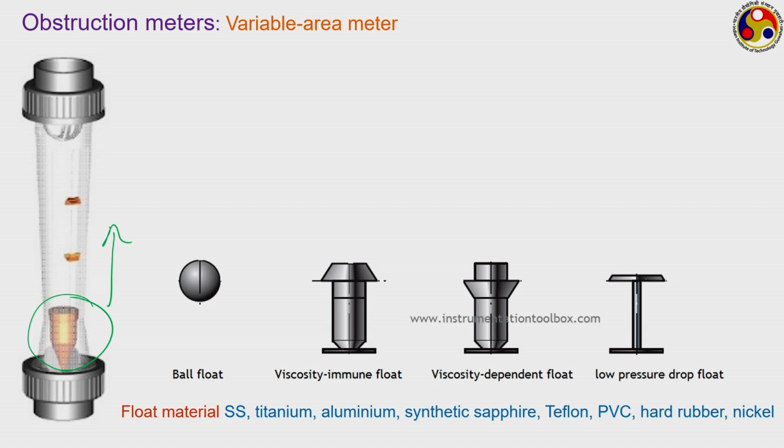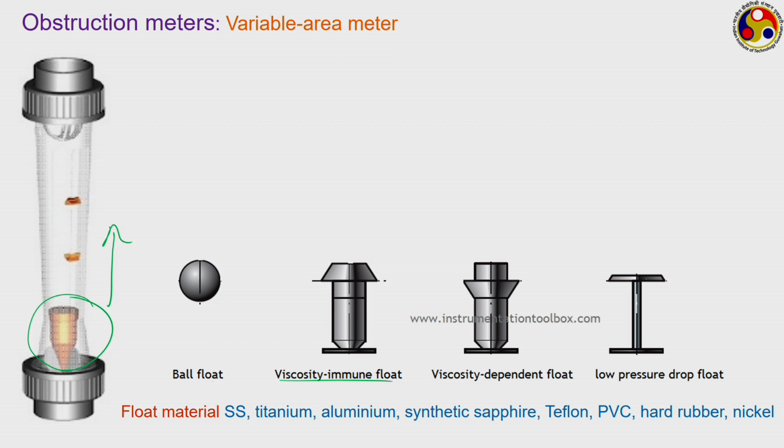Like we can have just a ball float. Plain ball float is the simplest possible design, generally used in smaller units. The viscosity immune float, the second one, is generally used when the viscosity of the fluid is very critical. In that situation we use this viscosity immune float.